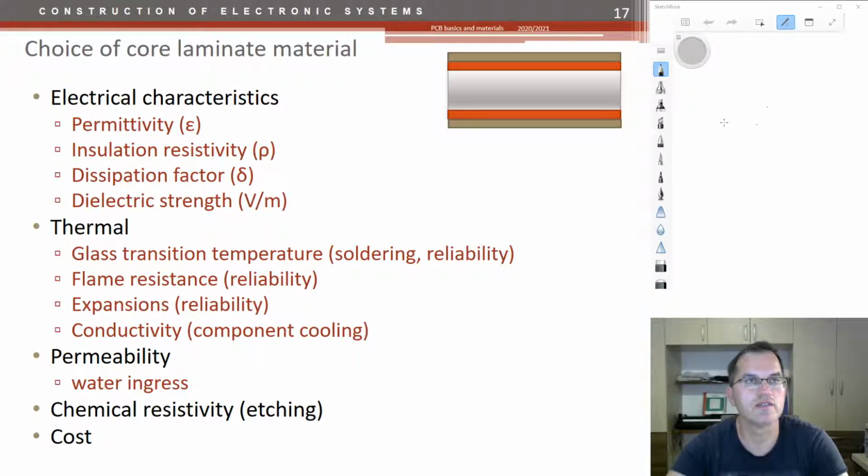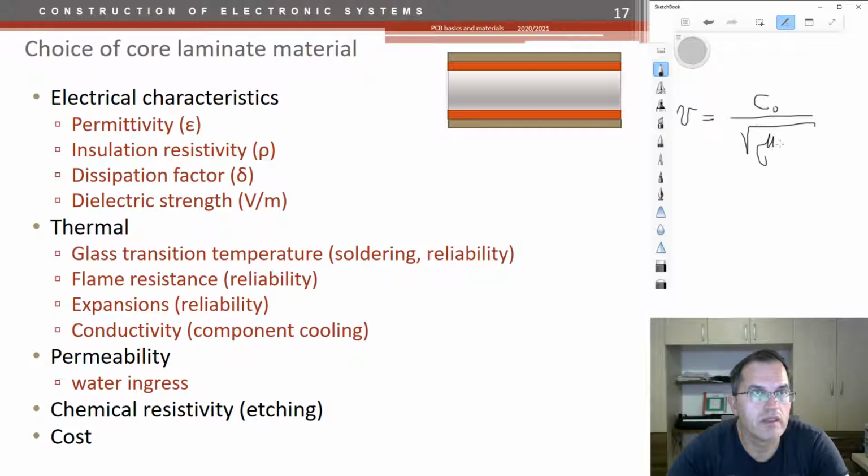It's quite easy to say, I will try to write an equation, that the velocity of the signal on a PCB is equal to c0, the speed of light, divided by the square root of the relative permeability times the dielectric constant or permittivity.